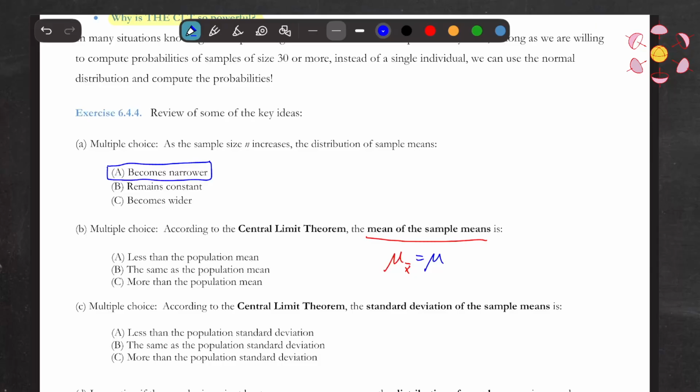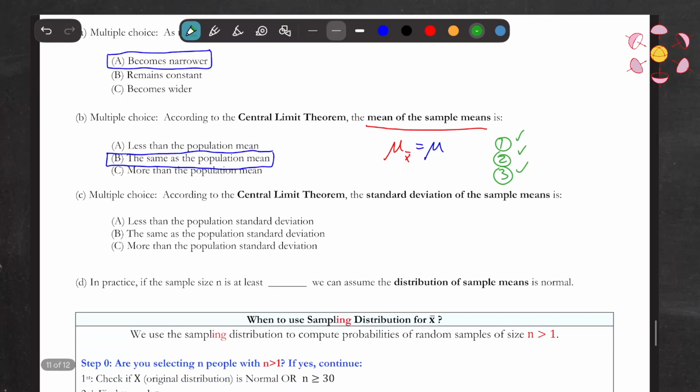So which one makes the best sense here? Less than the population mean, the same as the population mean, or more than the population mean? It's the same. Of course, I try to keep the multiple choice brief, but this is assuming that the 3 requirements are met, which we'll of course assume.